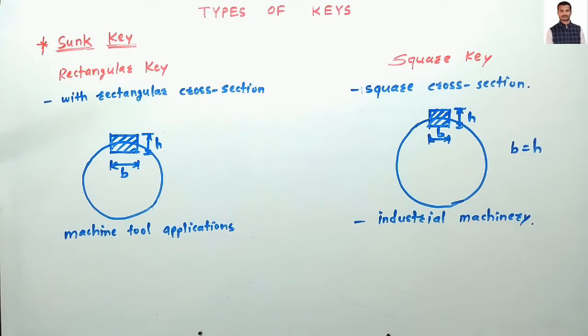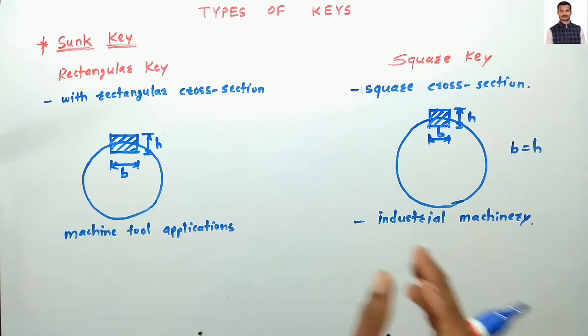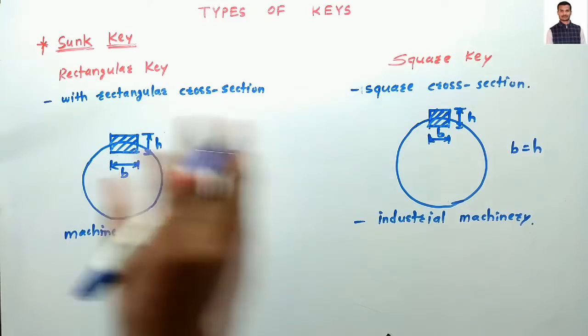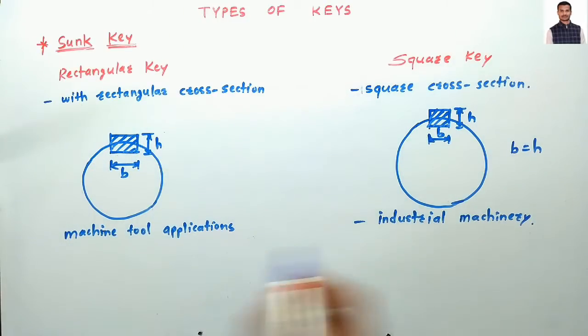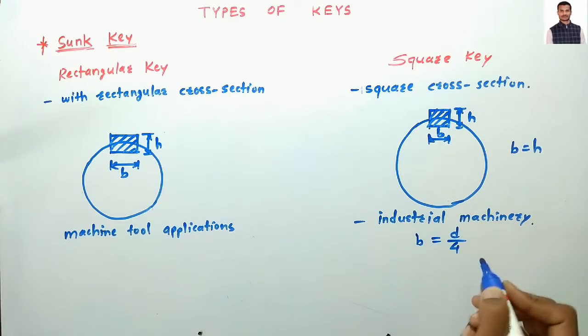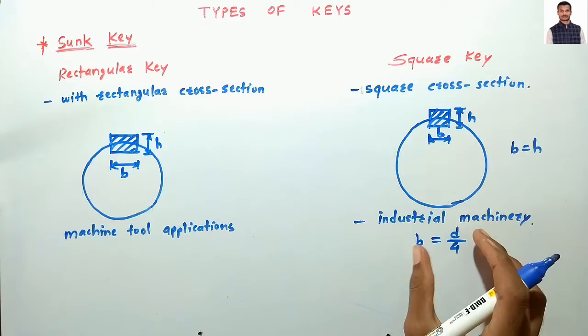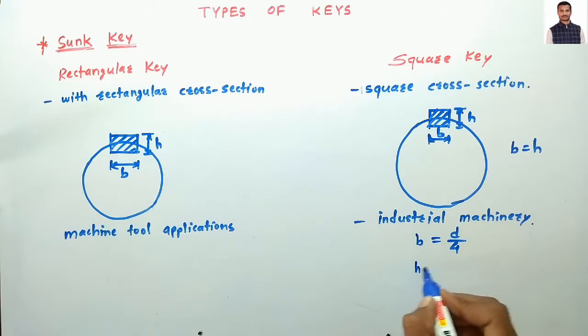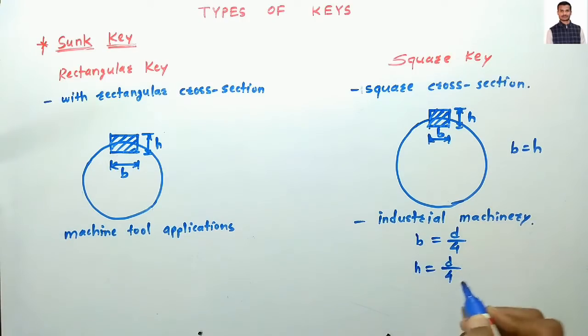Now industrial practices take the dimensions of these rectangular and square keys as follows. For a square key, B is equal to D by 4, that is one fourth of the diameter of the shaft, and H is also D by 4 because this is a square key, B and H are equal, and length is taken as 1.5 times the diameter of the shaft.